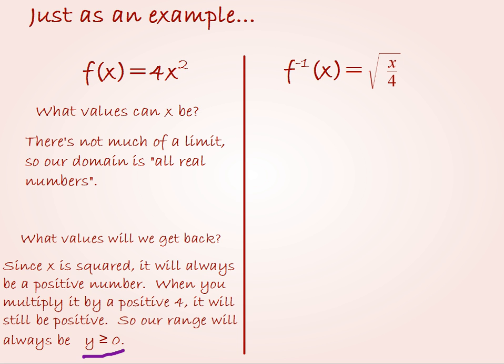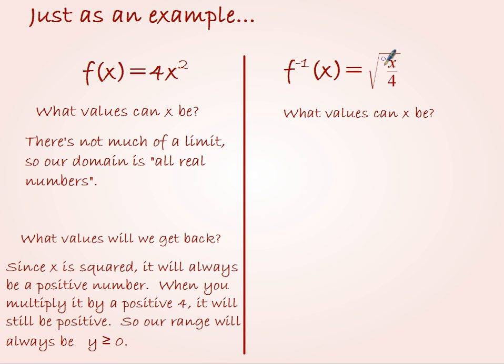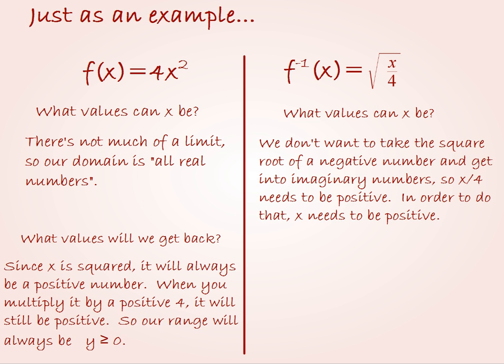Now let's look at the inverse function. What x values can I put in for x? Look at how we have a square root here. Can we take the square root of a negative number? Well, we found out a couple units ago that we could. However, we don't want to take the square root of a negative number in this case and get into imaginary numbers.